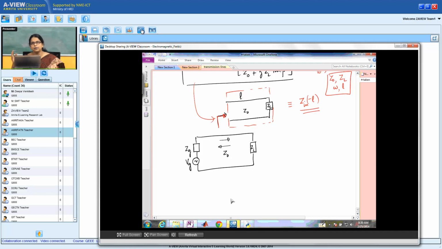At every point on the line the impedance is changing. All that effect can now be simplified by saying that I can still use my circuit theory concept, provided I do this. What do I do? I replace this entire section with an impedance equal to Zin at minus L. I can replace the effect of the line and the load.